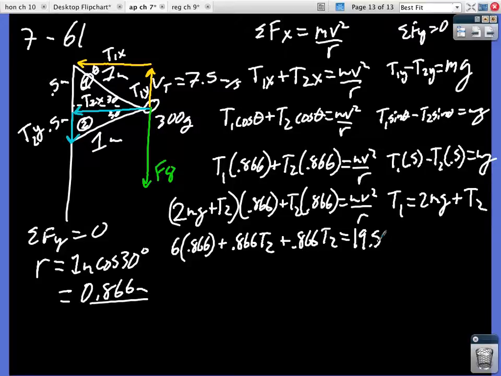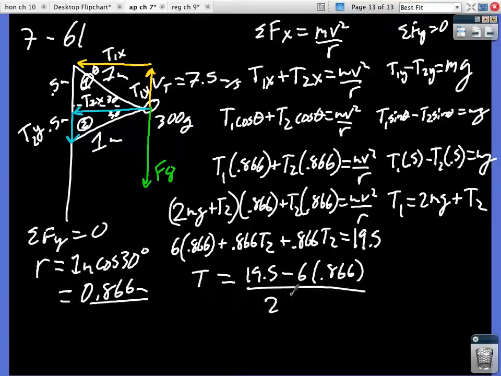Then you can do the algebra. You get 2 times 0.866. So T2 will equal 19.5 minus 6 times 0.866, divided by 2 times 0.866, and that equals 16.5 newtons.